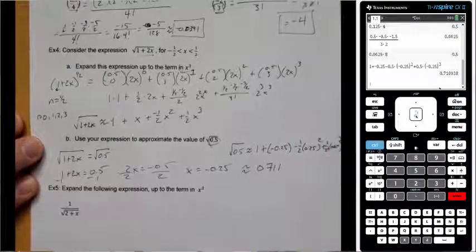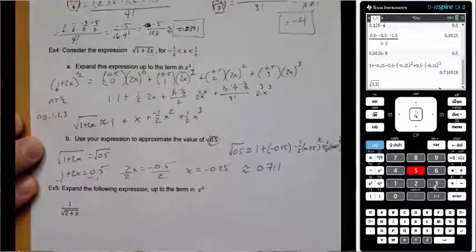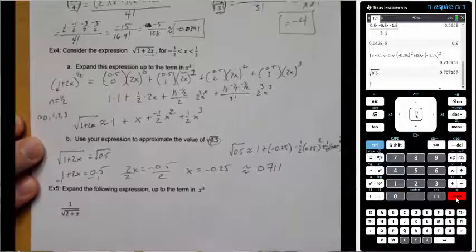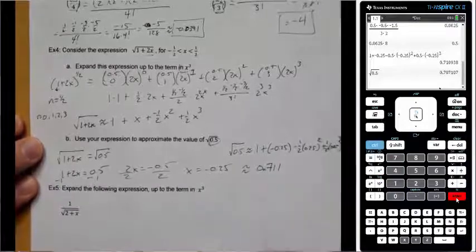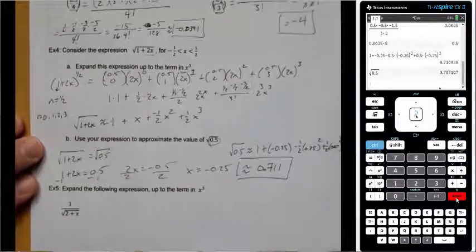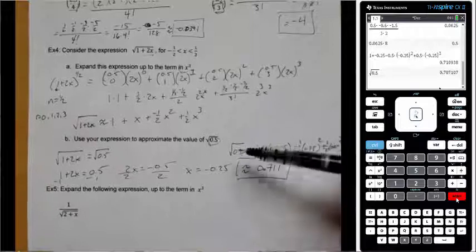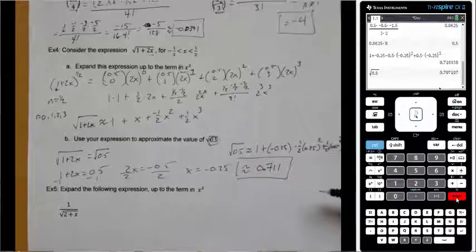Compare that to what your calculator would get if you just typed in the square root of 0.5. Not too bad. Pretty close. And if you kept adding more terms, you'd get a better approximation along the way.